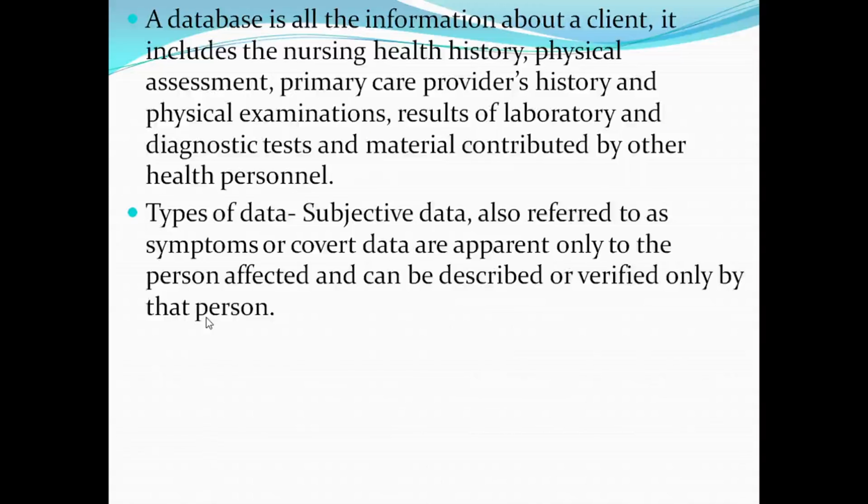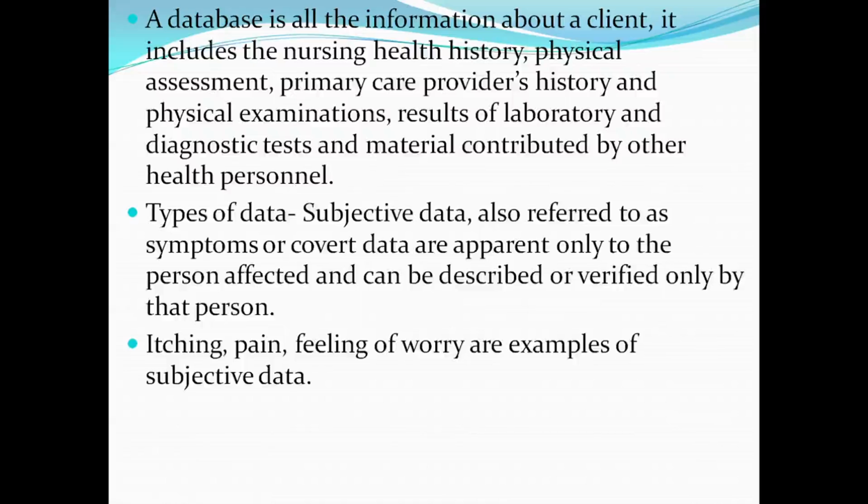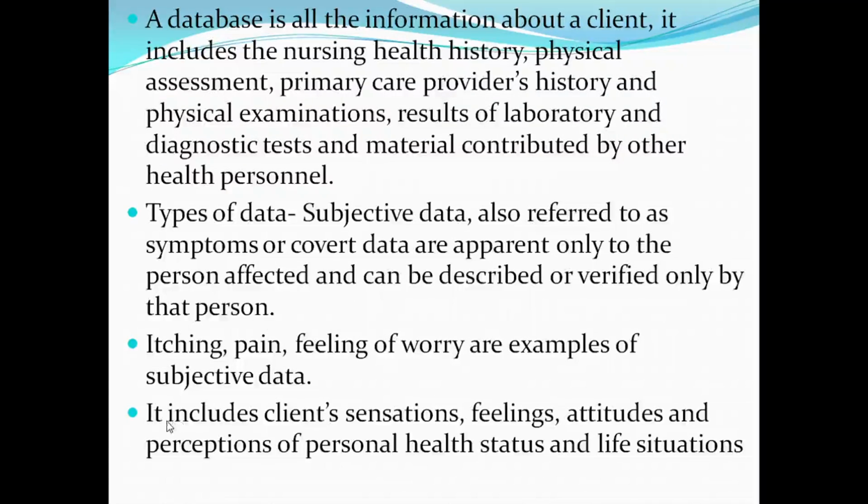That means if you are suffering from a pain, only the person who suffers the pain can express the extent to which he has the pain. Nobody can see that. So itching, pain, feeling of worry are the examples of subjective data. It includes the client's sensations, feelings, attitudes, perceptions of personal health status and life situation.